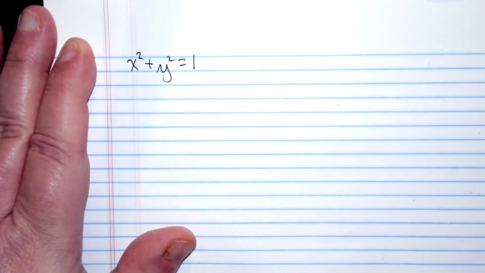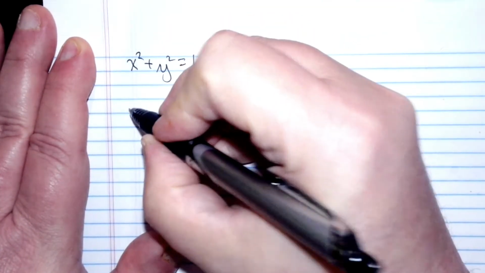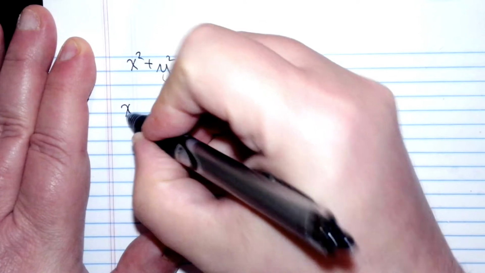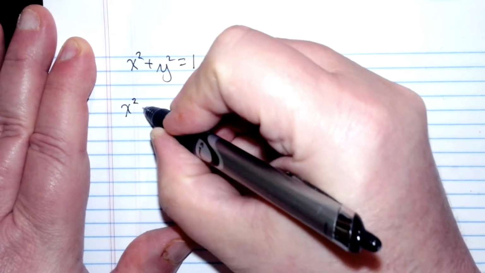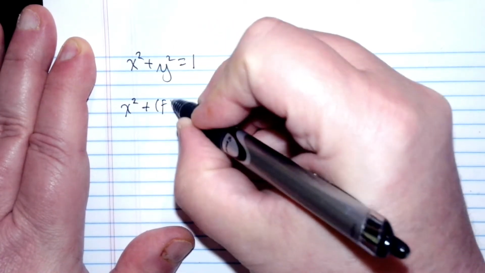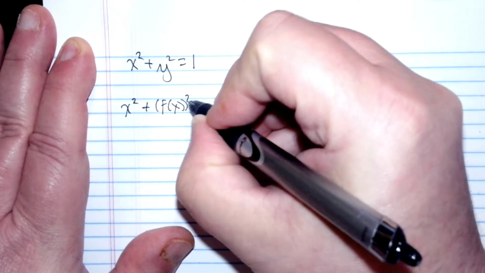What we're going to do is think of that y as a function of x, and in fact, I'm going to replace y with f of x. So we've got x squared plus the square of f of x equals 1. Now what we're looking for in this case is f prime of x.